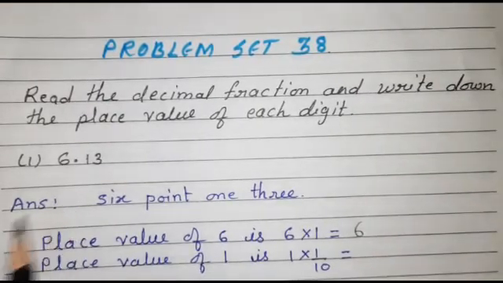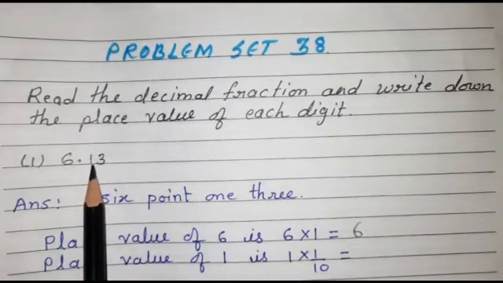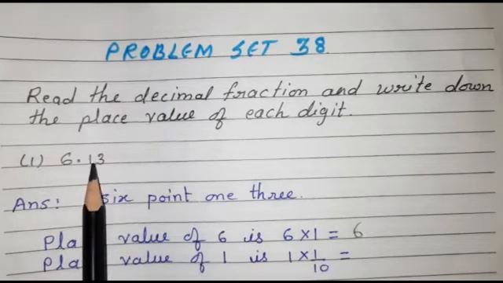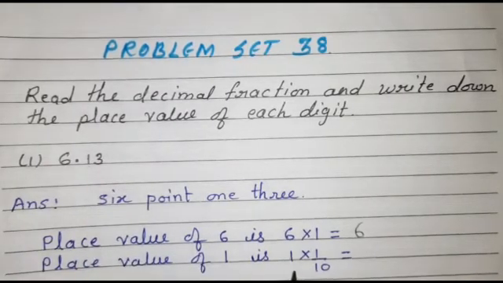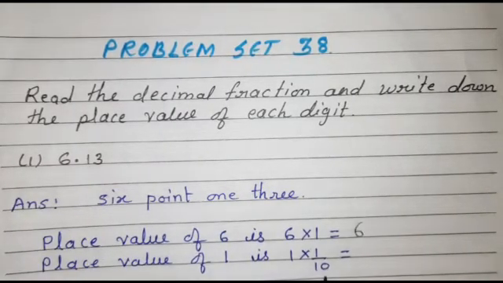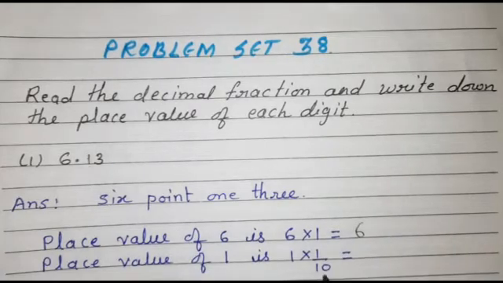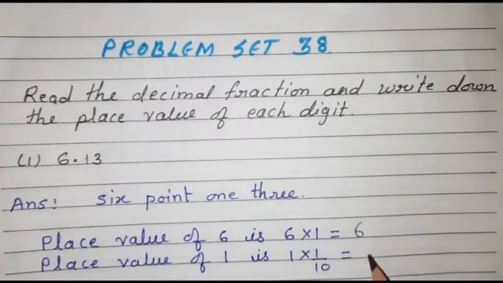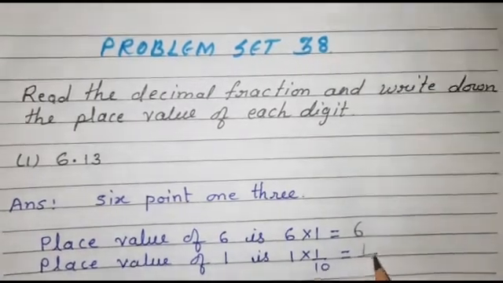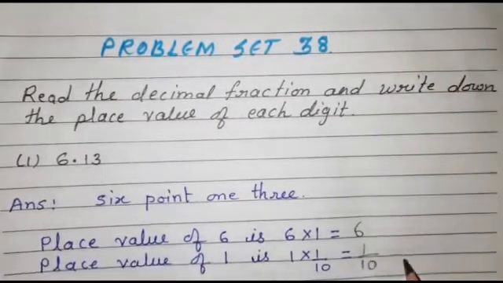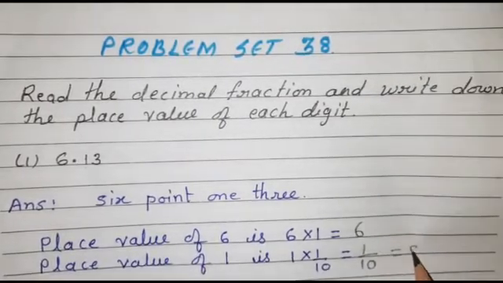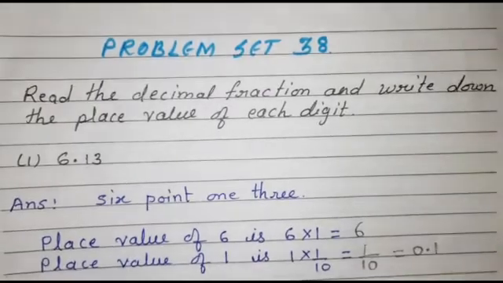Now the next digit is 1 and 1 is at tenths place. So place value of 1 is 1 into 1 by 10, and 1 into 1 by 10 is equal to 1 upon 10, and 1 upon 10 we write 0.1.